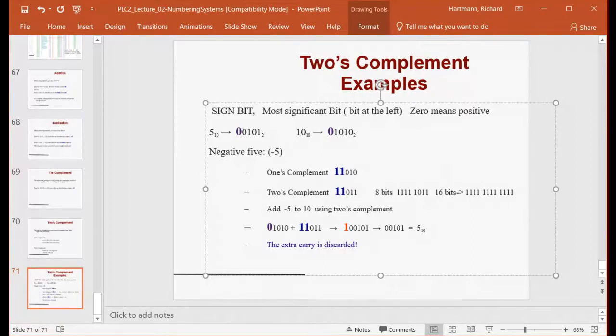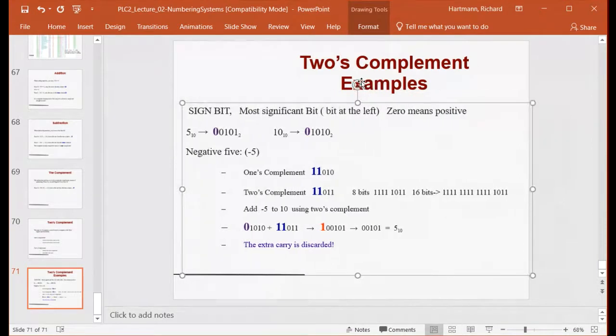So it'll be 4 more ones, and then a 0, and then a 1, 1, 0, 1, 1. So this is -5 for 5 bits. This is -5 for 8 bits, and this is -5 for 16 bits.